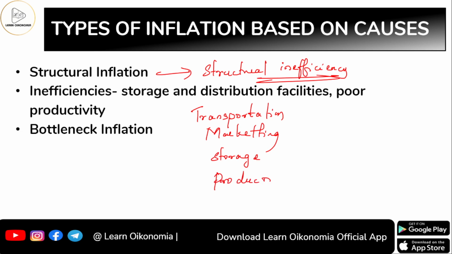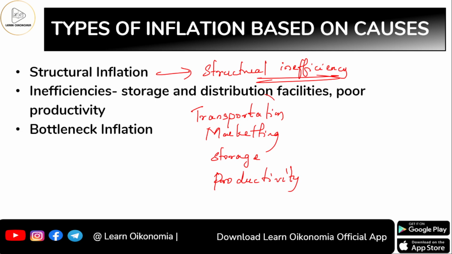So what will happen in these cases? If there is no proper transportation, there can be problems. If there is no possibilities of marketing, again there can be problems. If the storage facilities are not proper, definitely there would be damage of the final output. Again, if the productivity is down, again aggregate supply would be coming down.